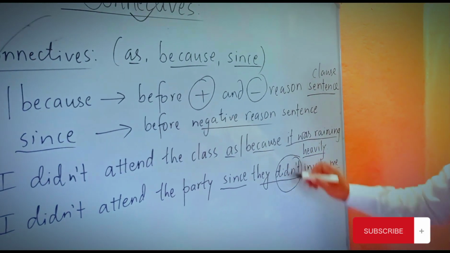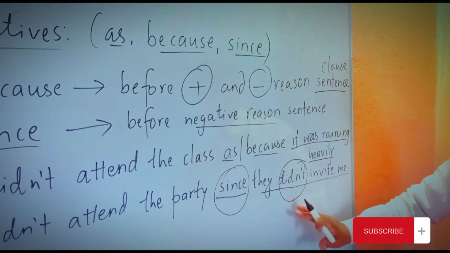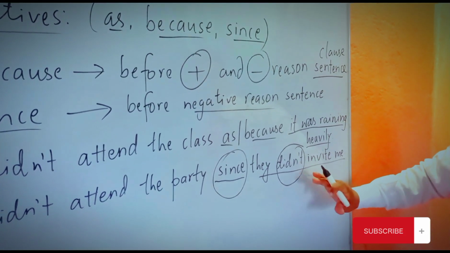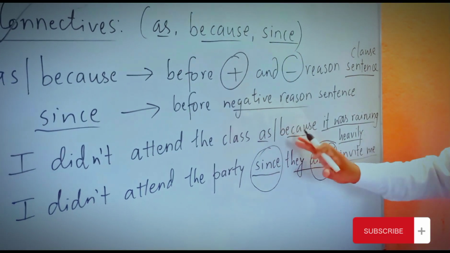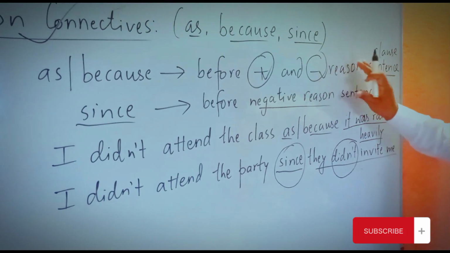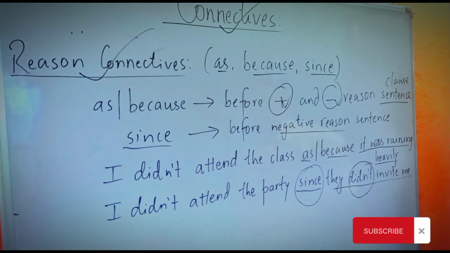So look here, this is negative. After since, you should have a negative reason showing clause. But for as and because, both can be okay, positive and negative reason showing clauses.